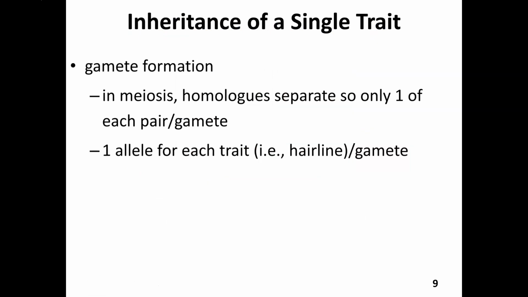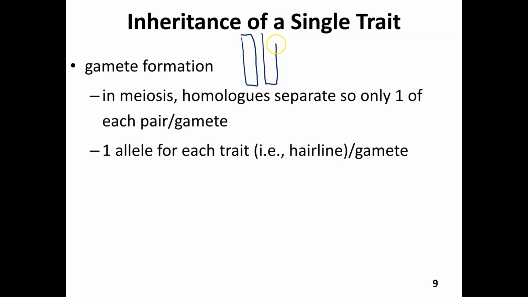So remember, in meiosis, when we're producing those gametes, the homologs separate. So only one of each pair goes into any given gamete or sex cell. What that means is you're going to pass on either the chromosome that you received from your mom or the chromosome that you received from your dad. And they can have alternate characteristics on them, remember, so alternate forms of an allele.